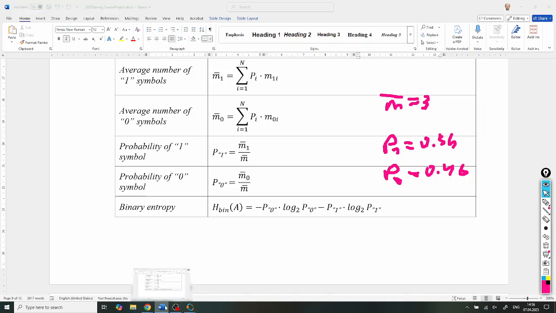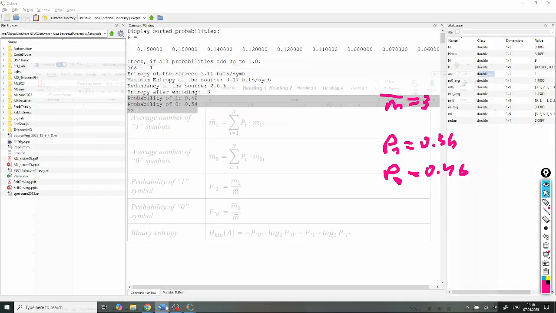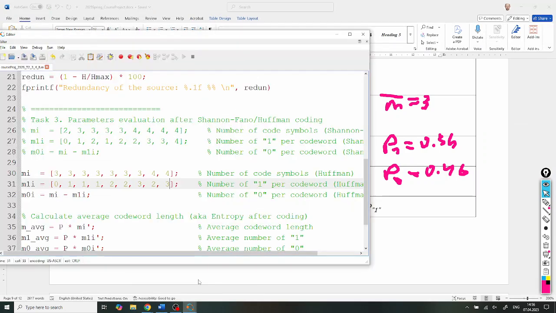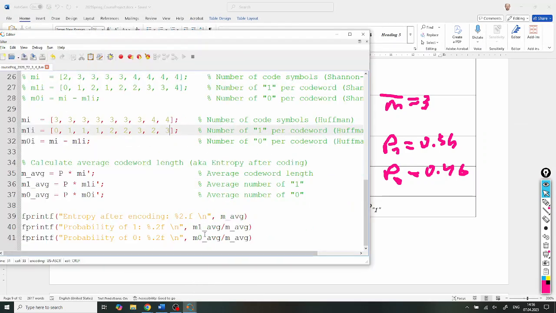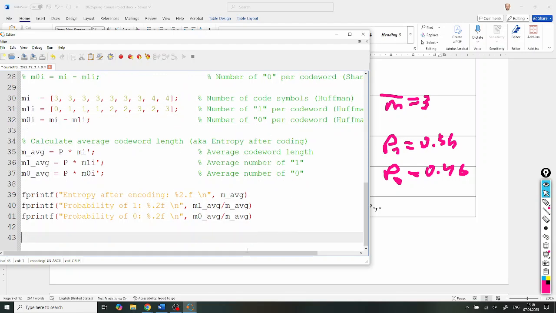So let's do that too, because in a sense, that's the most important. Our sequence is more or less reduced to a binary sequence of ones and zeros, and we are interested to know what is the entropy of binary data of ones and zeros.